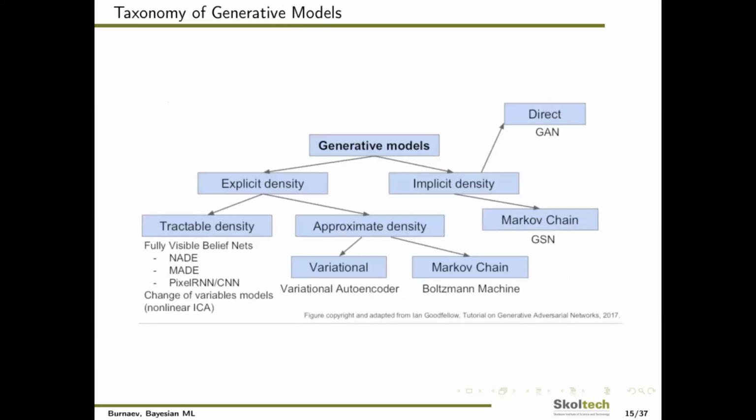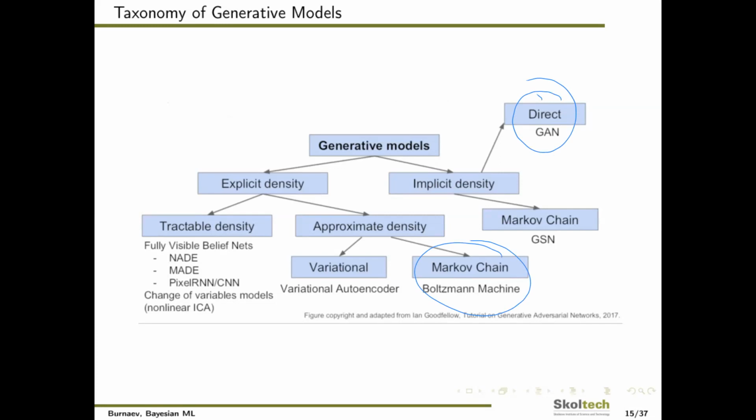As for all other problems in machine and deep learning, we have a lot of methods related to how we can generate something. You know some of them, at least by name: GANs, Boltzmann machines, something you typically know, and also the general Markov chain idea of a data generation model.